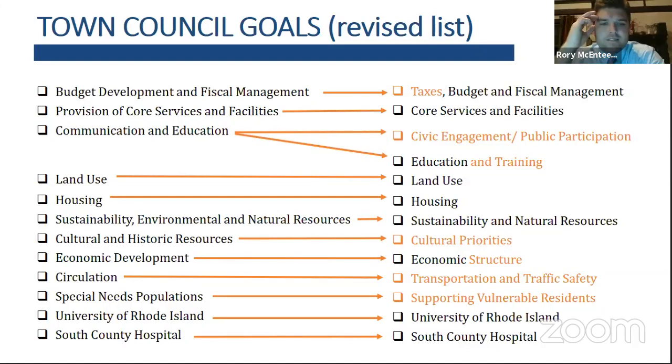About improving and revitalizing our core villages. I feel like that could fit into many of these broad areas, but should we have that more explicit? It's sort of the core facilities, but not really. Land use and core facilities. It's not called out. The existing objectives do speak to the villages, but they're not called out as a long-term goal.